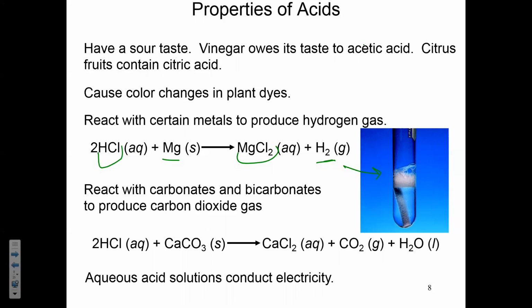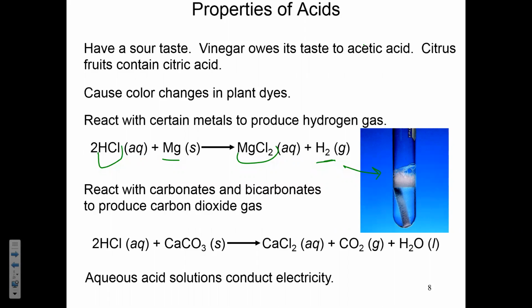If we put an acid with carbonates, and when I say that, I'm talking about things like CO3, that would be considered a carbonate, or a bicarbonate like Na2CO3, CaCO3, NaHCO3. Any of those would be considered carbonates and bicarbonates.